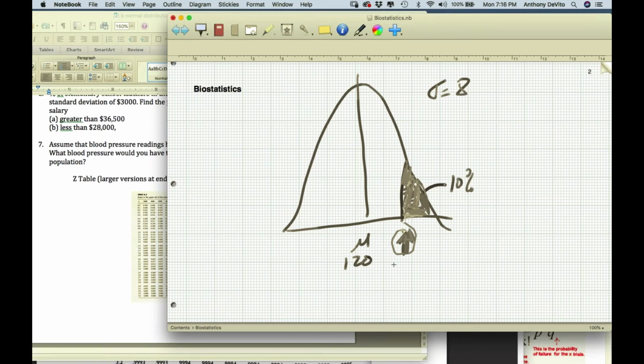We can figure out what the z-score is first. In other words, what z-score represents an area in the top of 10%? Well, that z-score already represents an area to the bottom of 90%. Whatever this z-score is, it has 90% to the left of it.